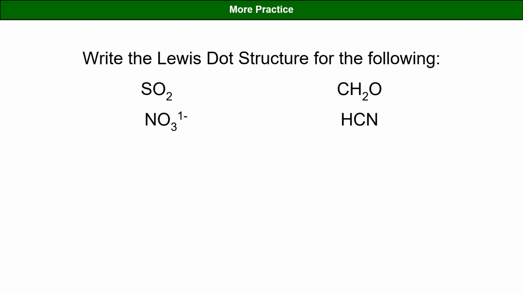I'm going to introduce another idea that we've kind of been dancing around for a little bit, and it's this idea of what's called electronegativity. Electronegativity is basically how well atoms share electrons. Something that's really electronegative does not share very well.